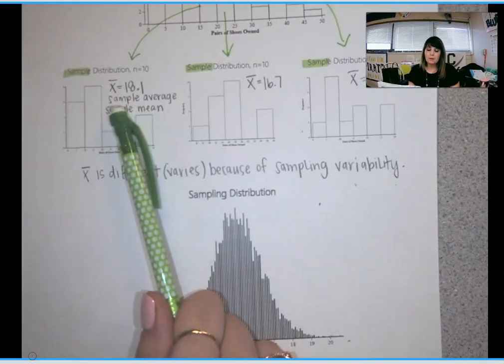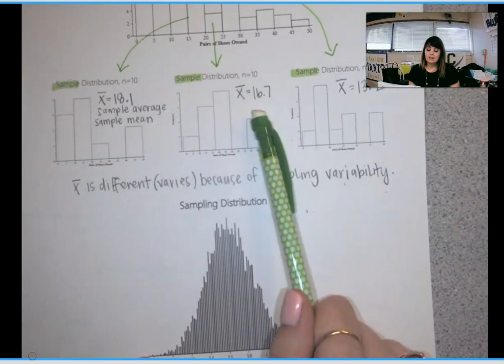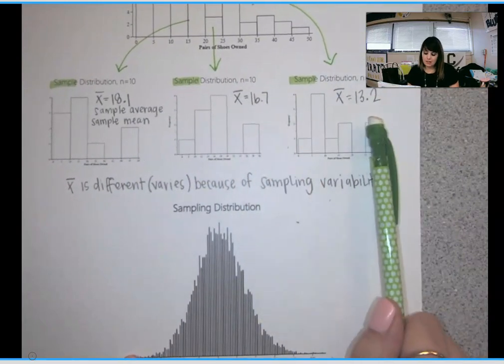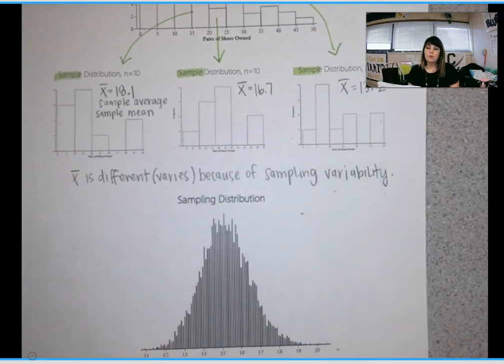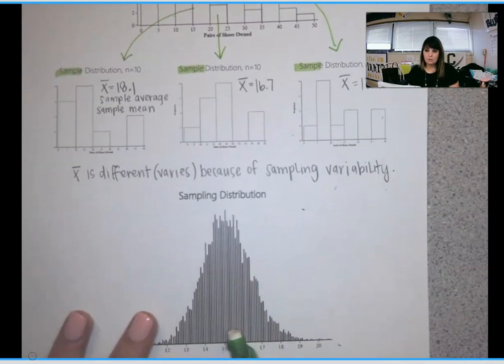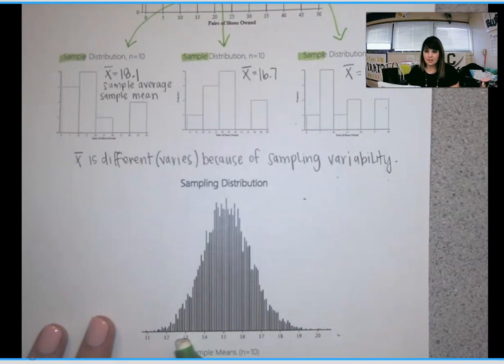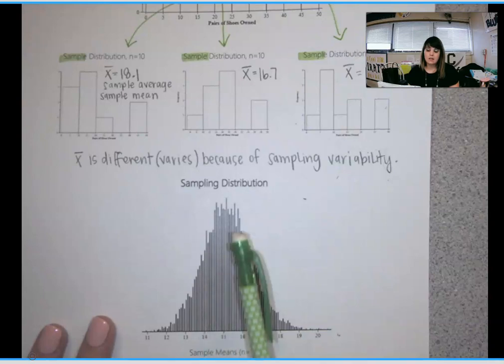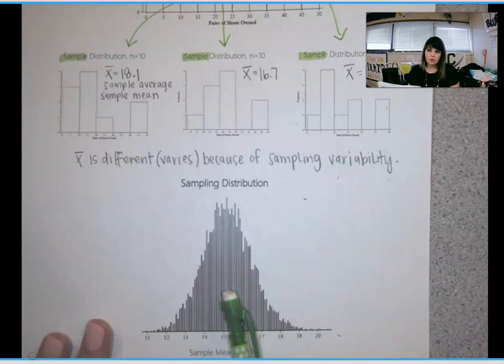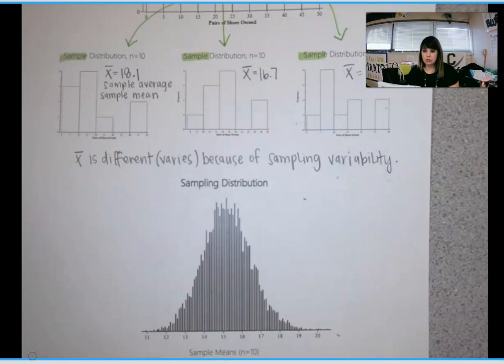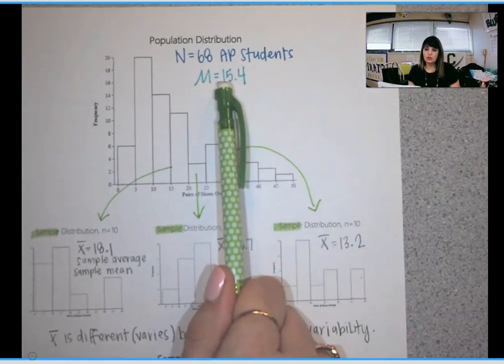So this sample is a little high, this sample is high, this sample is low, but when we take all possible samples and plot them on a dot plot together, what we end up seeing is a sampling distribution that is centered, or the data is clustered, around this true value.